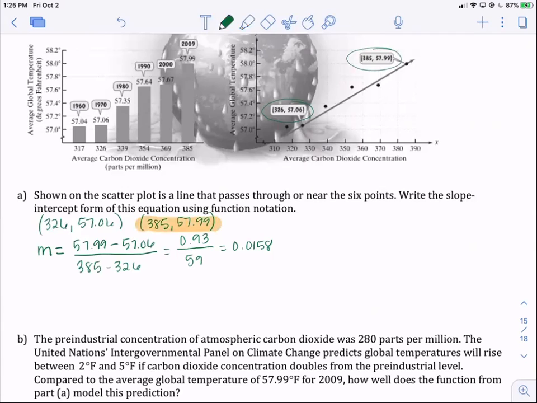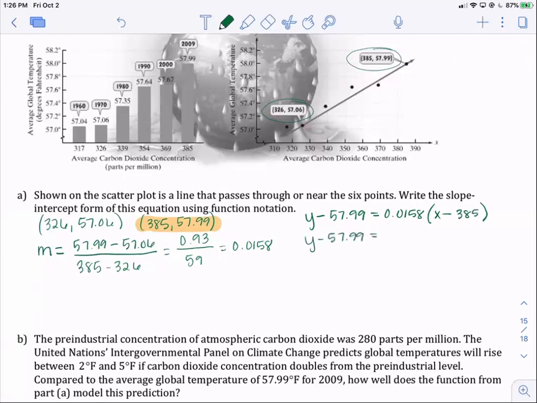So we have y minus, what's the y value? 57.99 equals 0.0158 times the quantity x minus, what's the x value? 385. Okay, we have y minus 57.99.